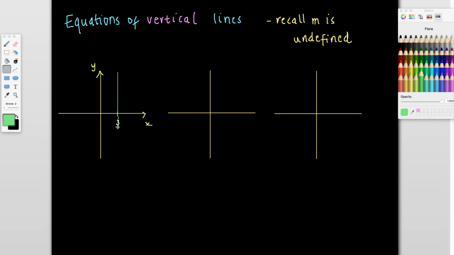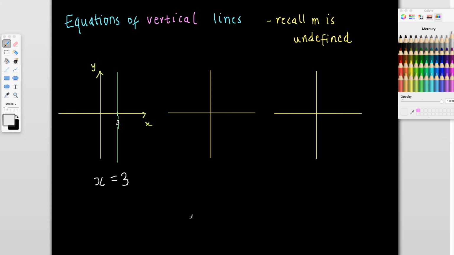It's actually going to cover my label, that's okay. This rule, if we think about it, well, the x value is always going to be 3 for this line. So what we can say is this vertical line has the rule x equals 3.